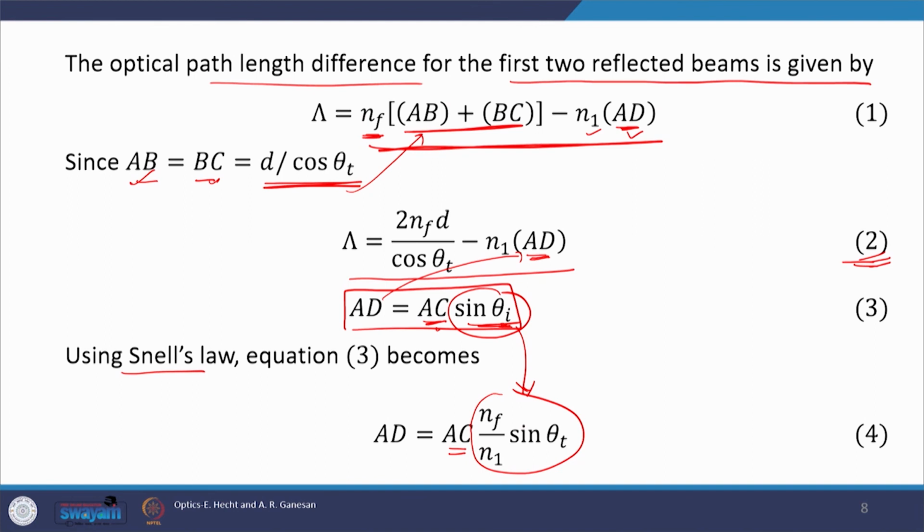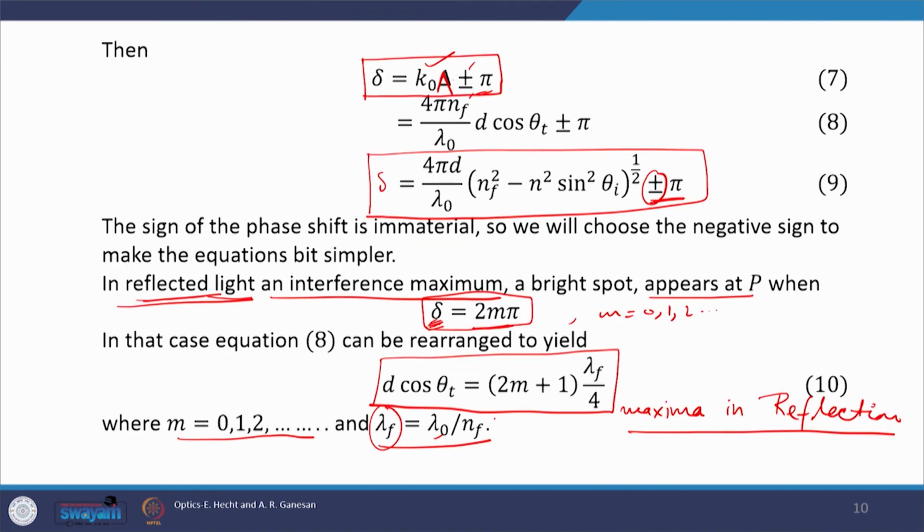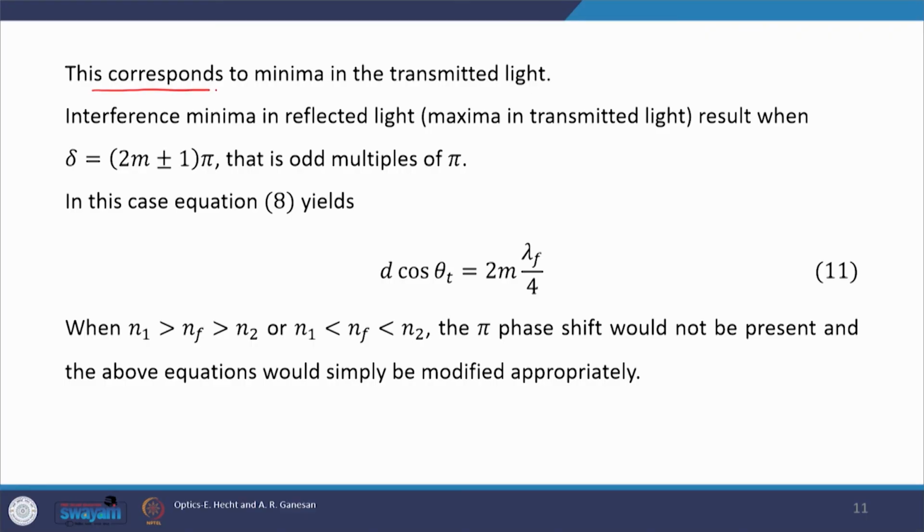It means this condition of maxima would be the condition of minima in the transmitted arm. Why? Because we will have to take away pi, the extra phase shift, because now the reflections involved here are both internal, occurring on the same type of interface. Therefore, this previous relation also corresponds to minima in the transmitted light.